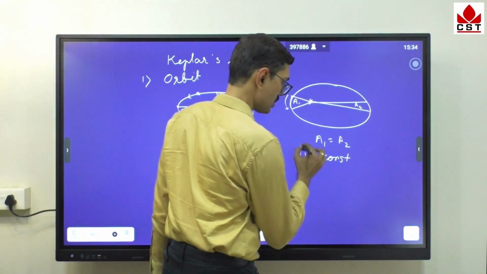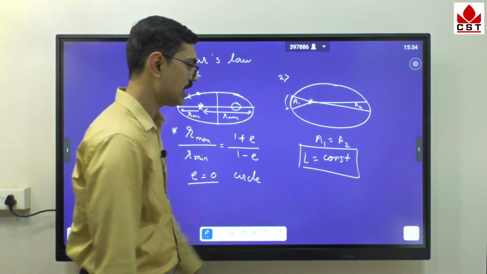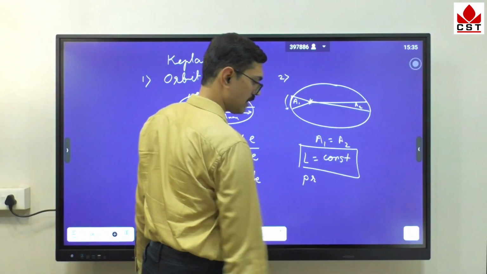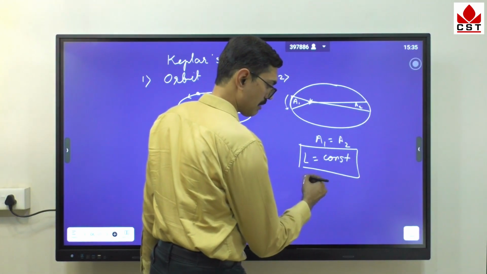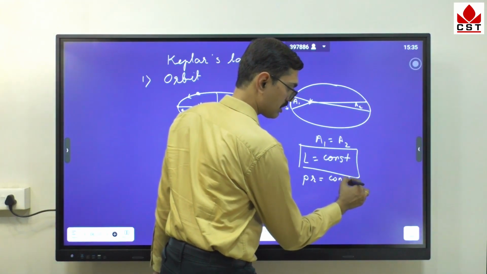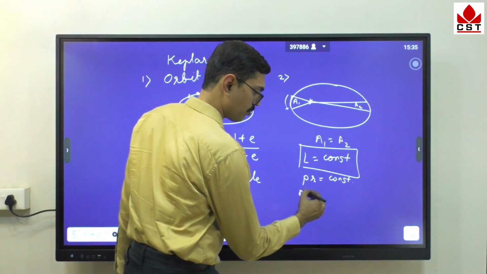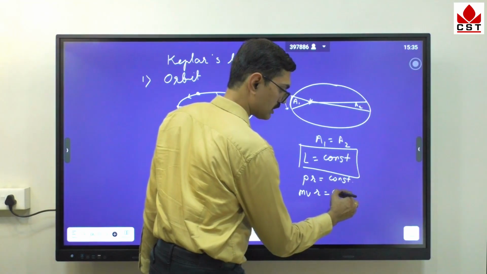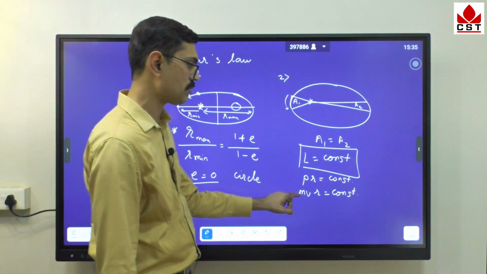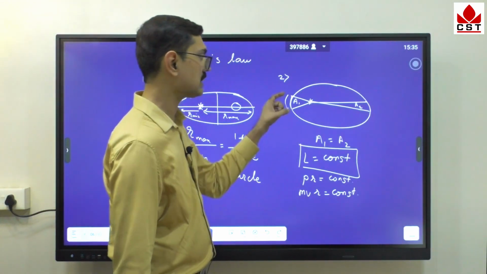So what is the equation for the second law? Angular momentum is constant. Angular momentum L is r cross p, distance into linear momentum, so p r is constant. If the mass of the planet is constant, then m v r is constant. Mass into velocity is linear momentum. What is r? r is the distance.